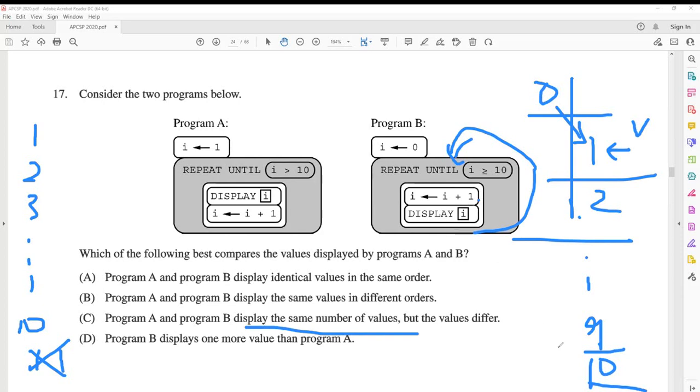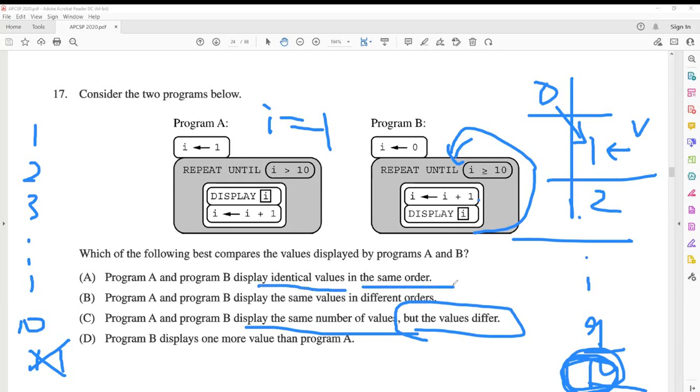When you finish, I equals 10. So basically the program displays the same numbers, but in the first one when you get out, I equals 11. So the values differ. A, display identical values in the same order, yes.